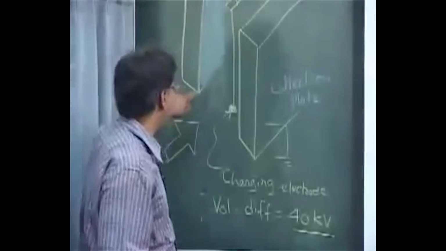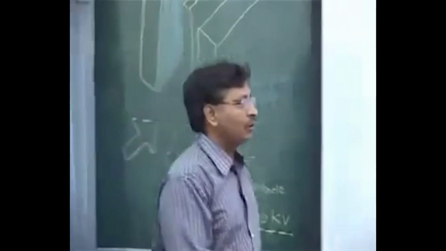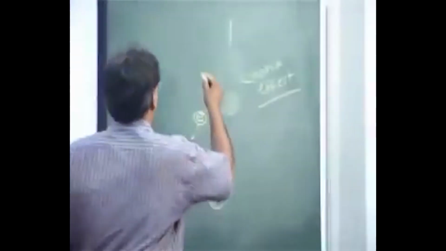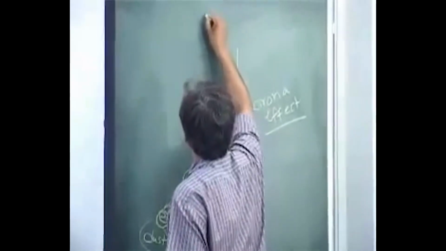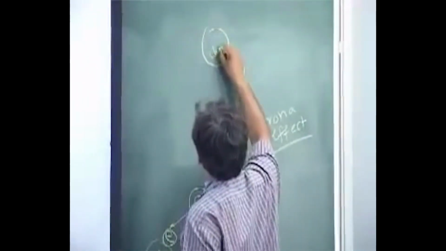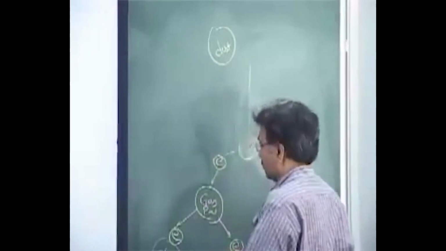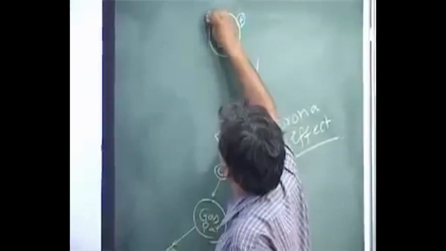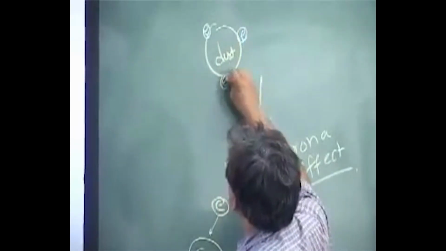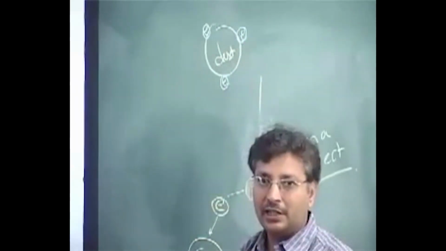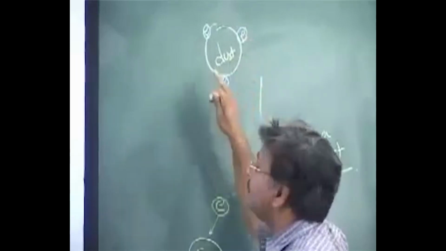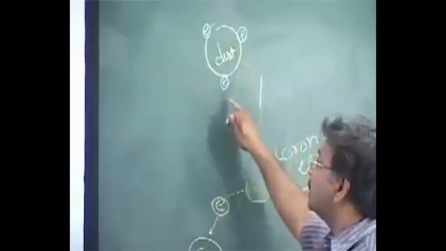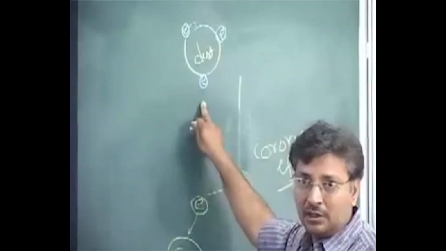So simply what you will see here, the particles of your dust will look something like this: your dust and some electrons sitting there, simply attached. In the sense that electrons are sitting on it, it becomes negatively charged.